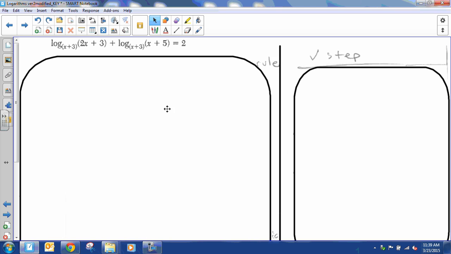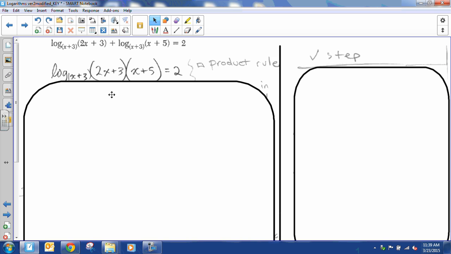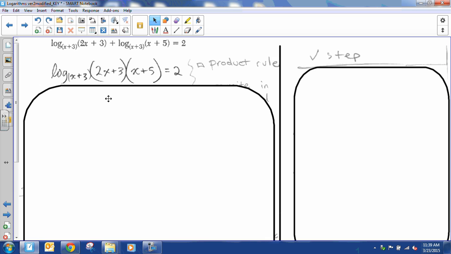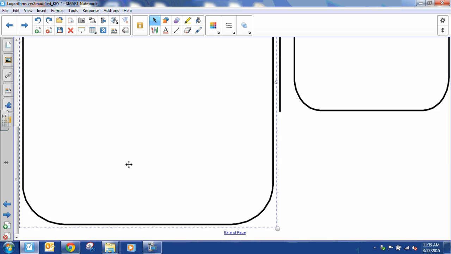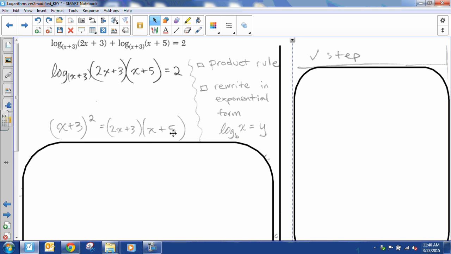Number 12, we want to solve this logarithmic equation by using the properties of logarithms. We want to condense this first by using the product rule, product properties. So we want to multiply 2x plus 3 and x plus 5. As you can see, I wrote it as a product.